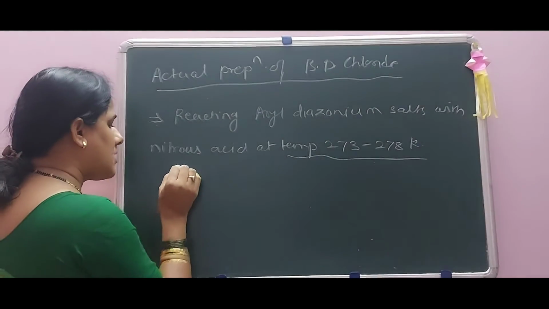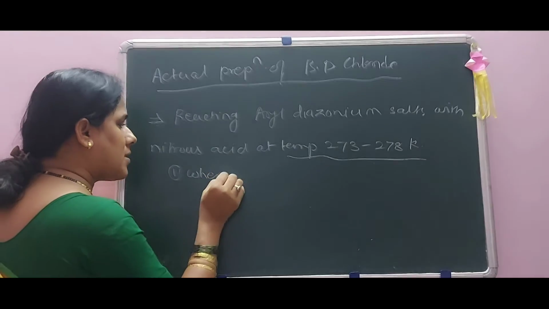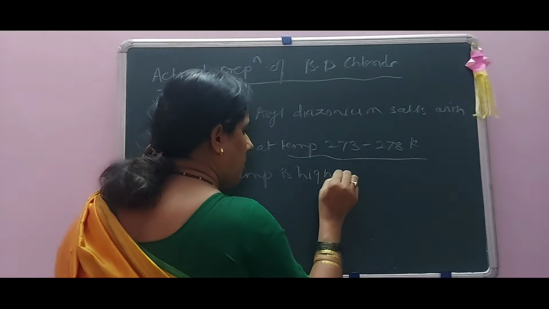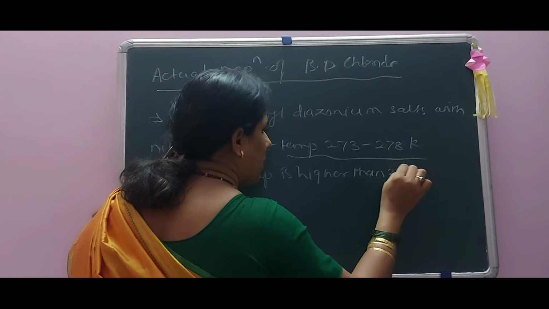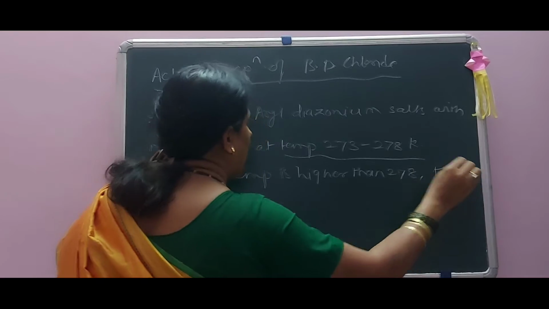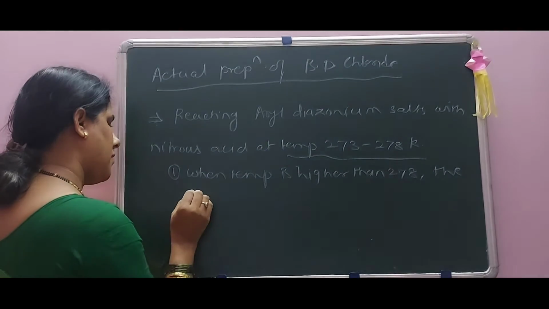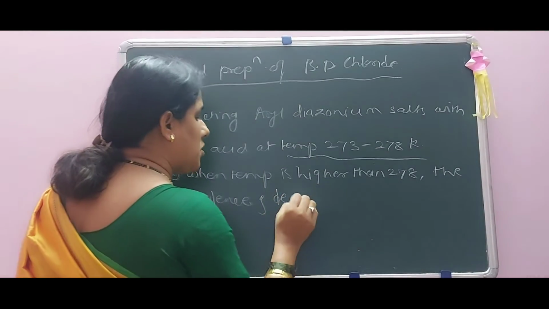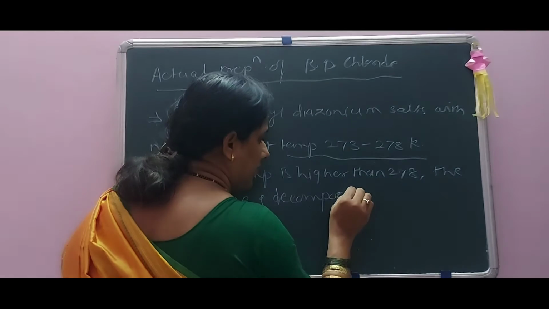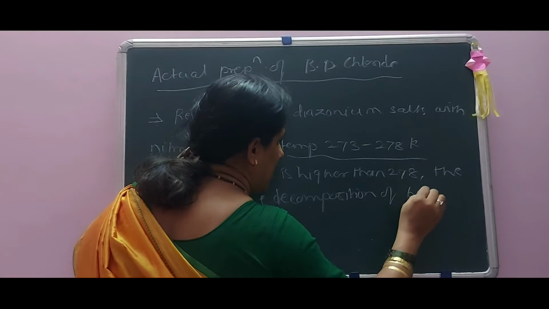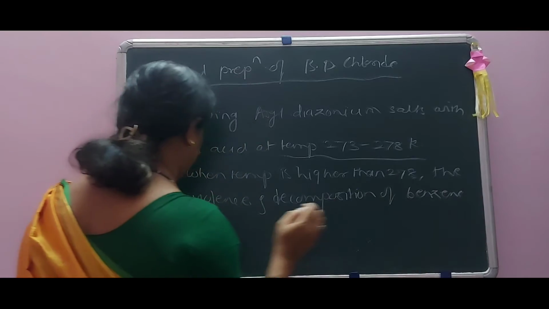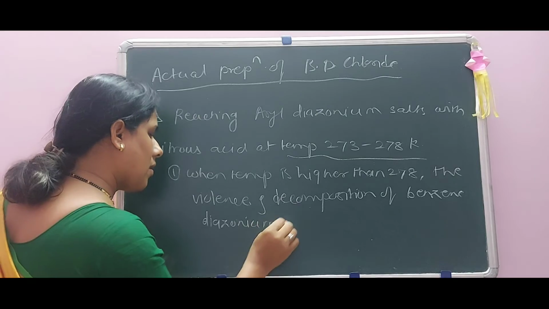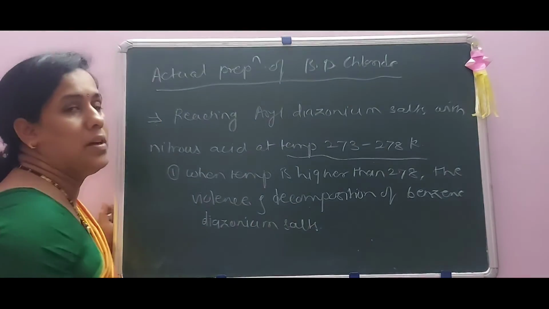When the temperature exceeds, what happens? When the temperature is higher than 278 K, there is violent decomposition of benzene diazonium salts.